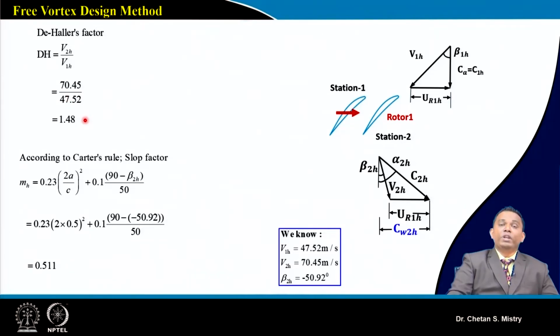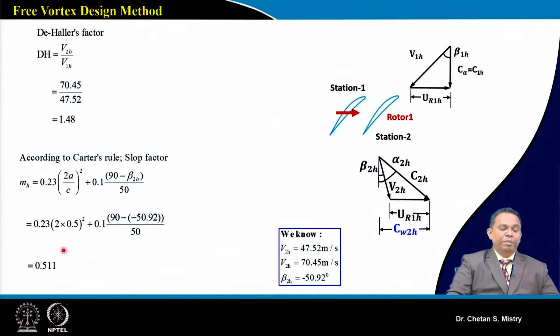Now after doing this calculation, we will be checking what our diffusion factor for rotor 1 will be, and in order to do that calculation, we are looking for Carter's parameter or slope factor. That slope factor is given by this equation, it is 0.23 (2a by c) square plus 0.1 (90 minus beta 2) divided by 50.